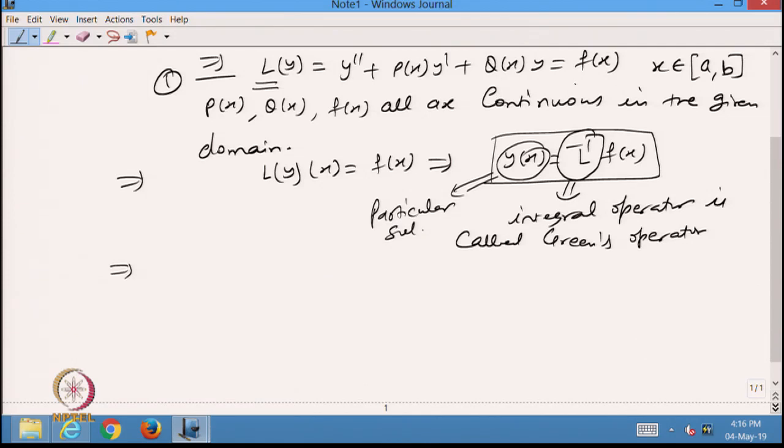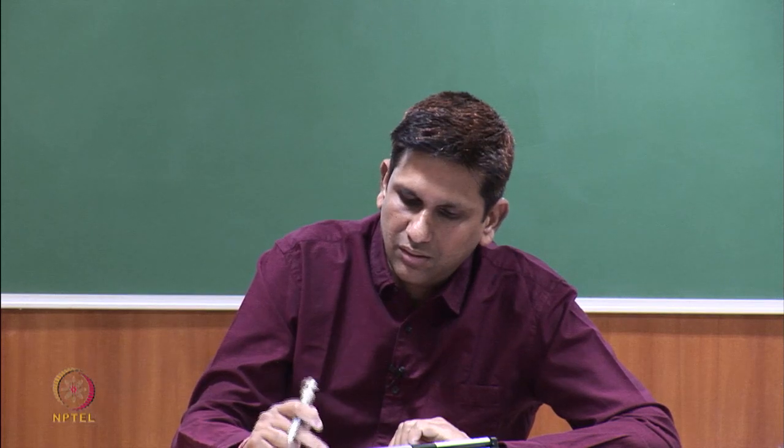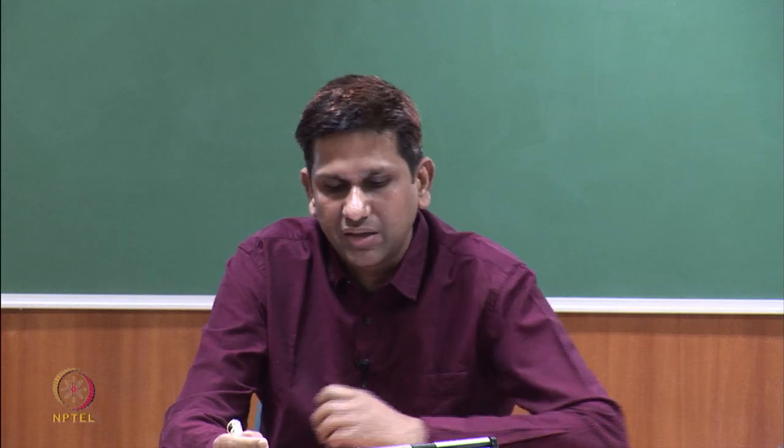But what if I change the right hand side function? If I go by the previous methods, then every time the function f(x) is changed, I have to change the strategy to find the particular solution. To get rid of that, we want to apply the method called Green's function.